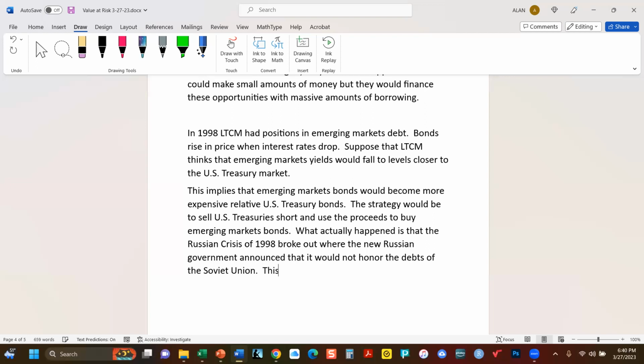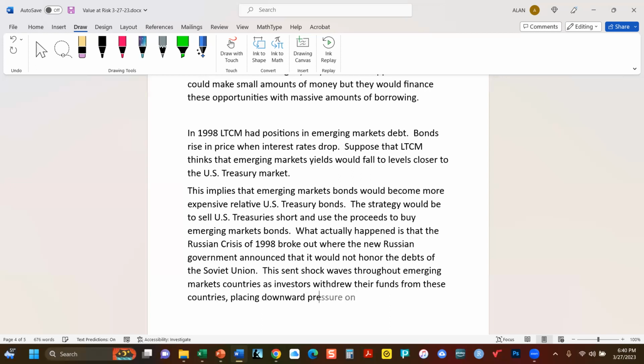So this sent shockwaves throughout emerging markets countries as investors withdrew their funds from these countries, placing downward pressure on emerging markets bond prices. So in other words, they're on the wrong side of this. They're buying these bonds and all of a sudden the prices are collapsing.